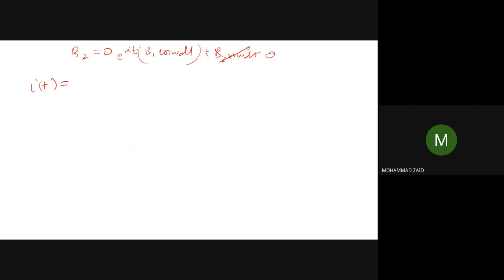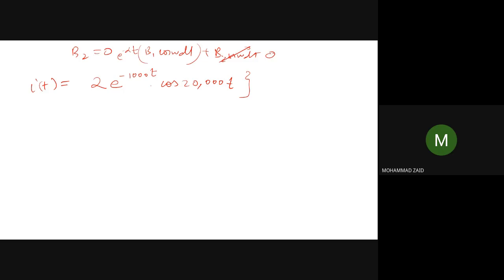B1 is known, so we can write IT is equal to twice of e to the power minus 1000 t times cos of 20,000 t. This is the final expression which we have got.